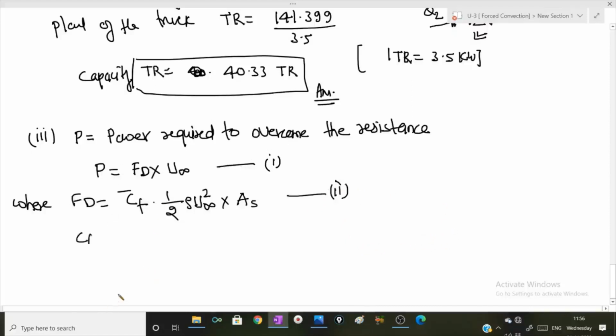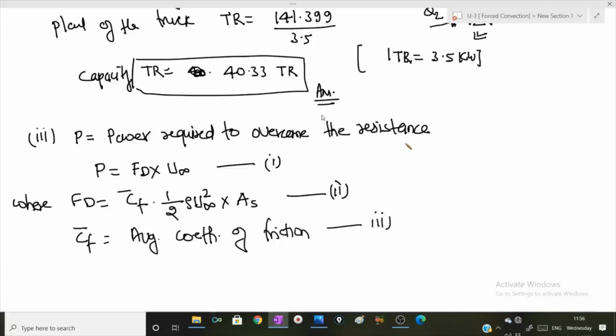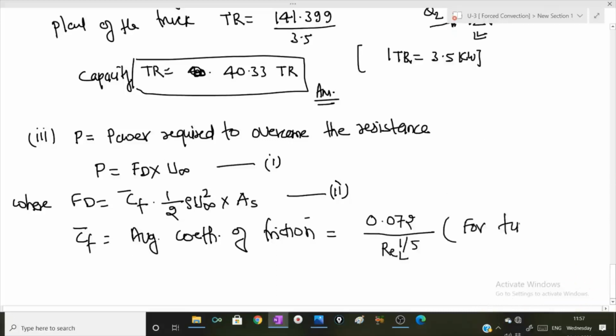Also in this equation, bar CF is the average coefficient of friction, and it is given by the equation 0.072 over ReL power 1 by 5, and it is for turbulent flow.